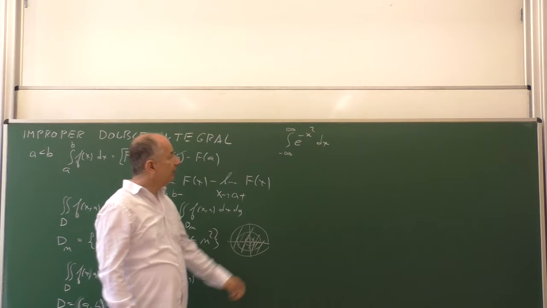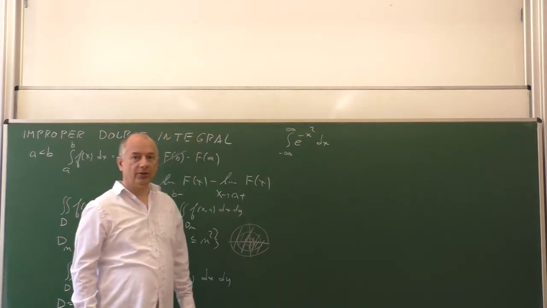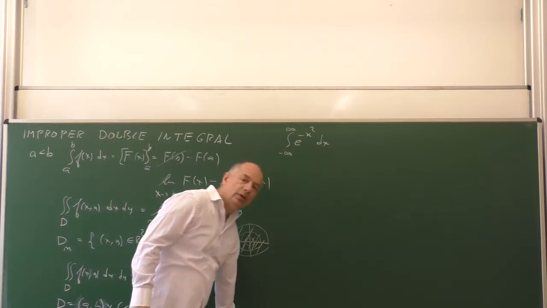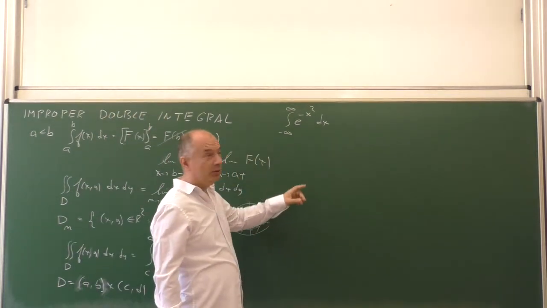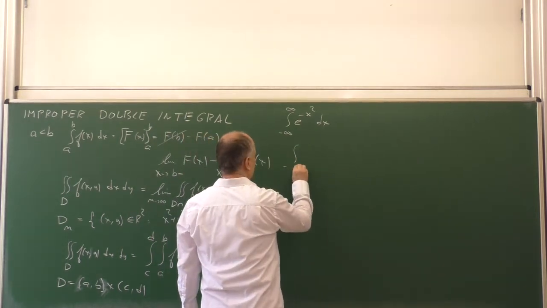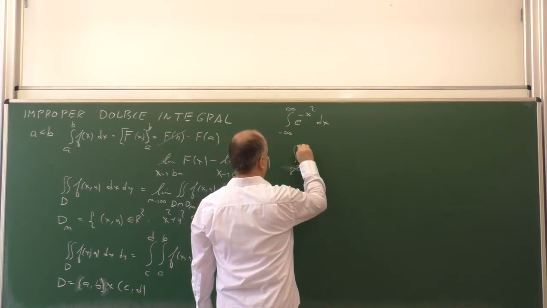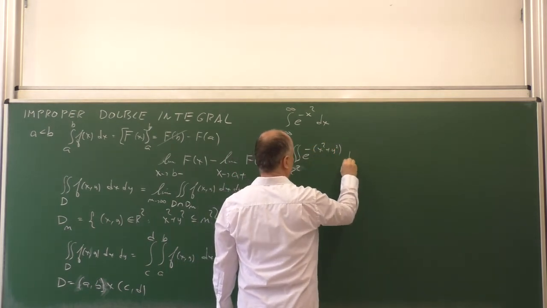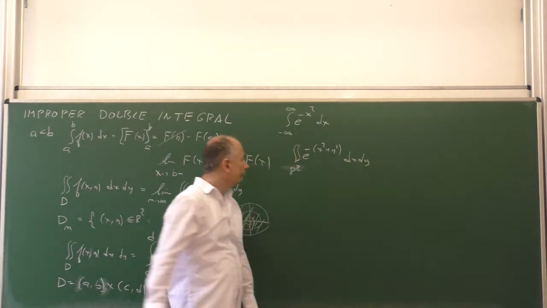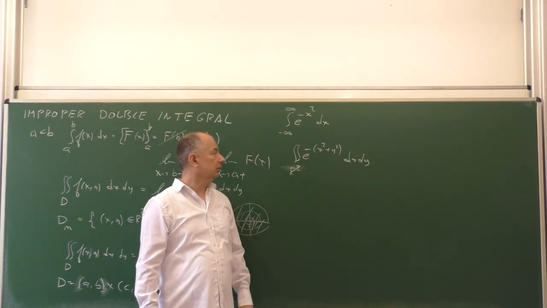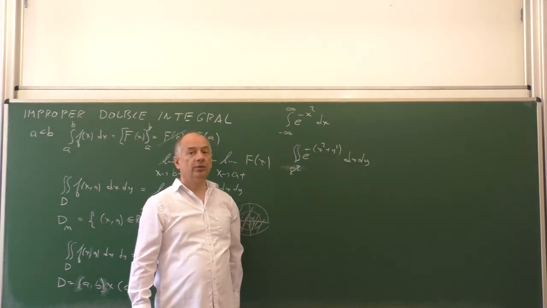Surprising enough, if we consider a more complicated case, namely a related integral of two variables, then we will be able to write this. If we consider the integral over the whole plane R^2 of the function e to the minus (x squared plus y squared), it turns out that this can be computed, this can be found, and it will be related to this one.